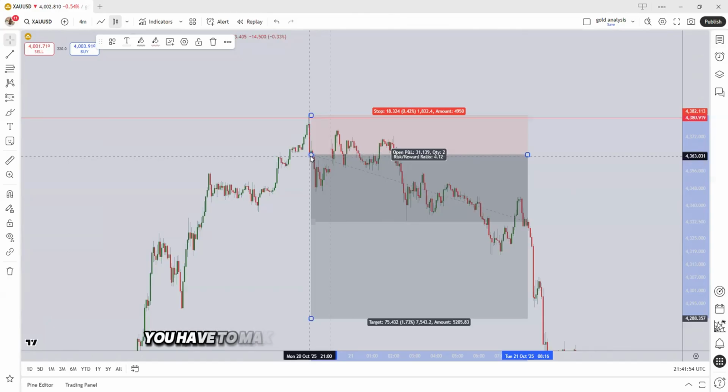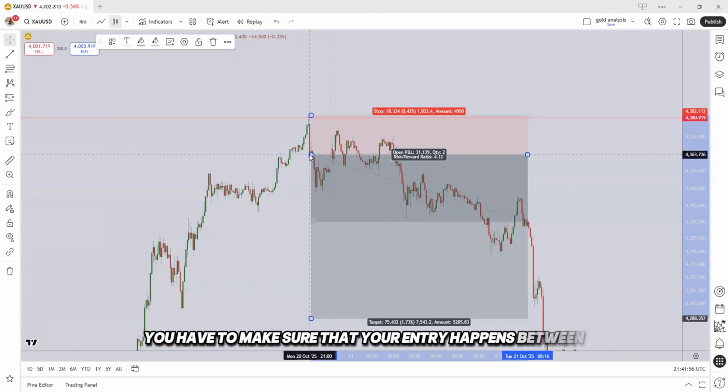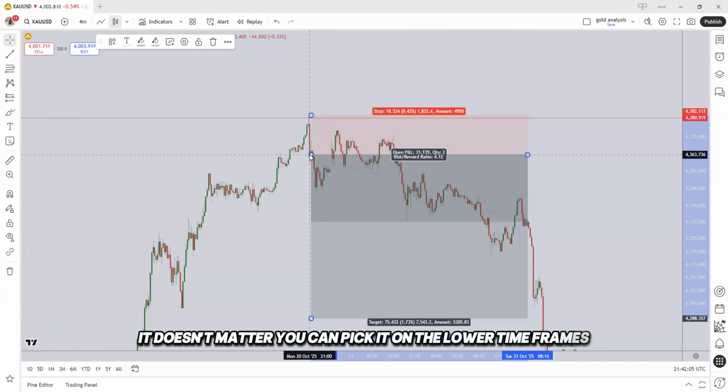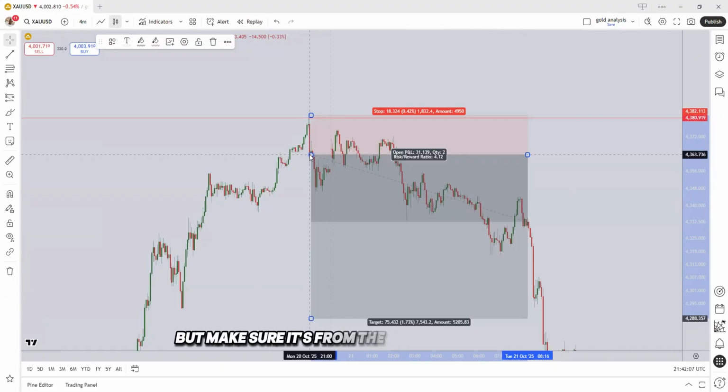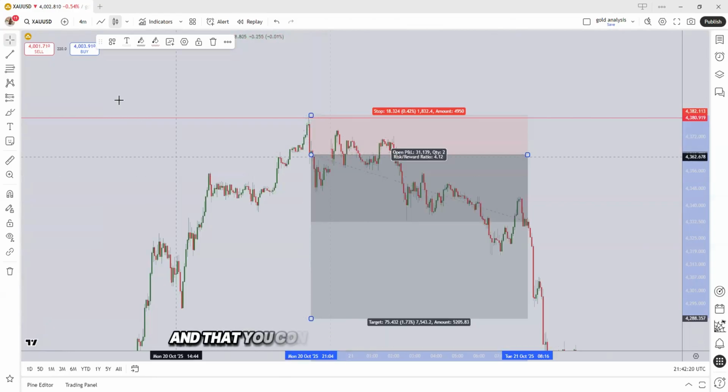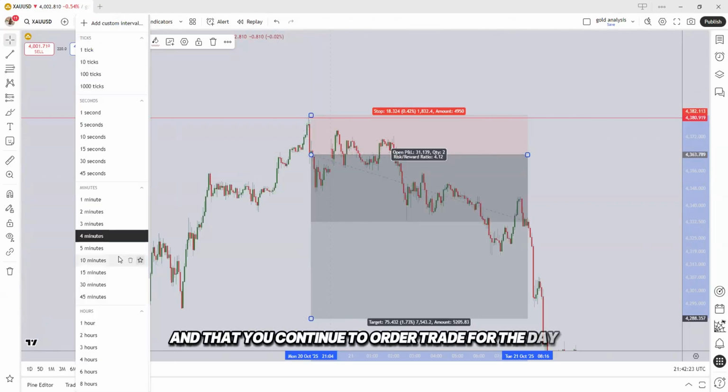So you have to make sure that your entry happens within the first 20 minutes of every 1 hour candle. It doesn't matter. You can pick it on the lower time frames, but make sure it's within the first 20 minutes of any 1 hour candle. It's very, very important. So you got in at 9 on the dot, and you continue to hold the trade for the day because it is engulfed inside the previous day.